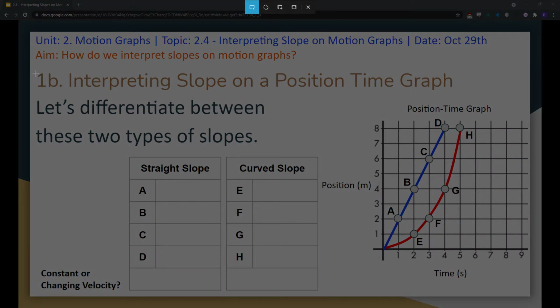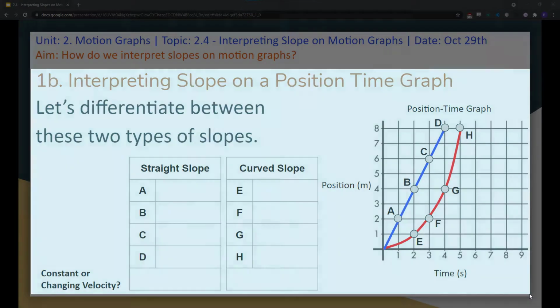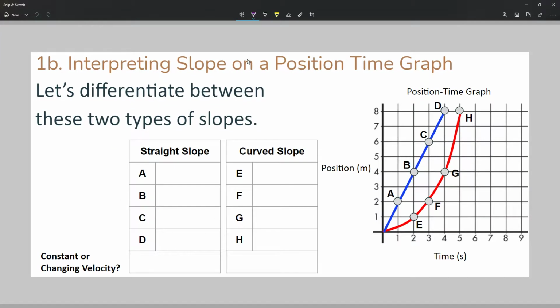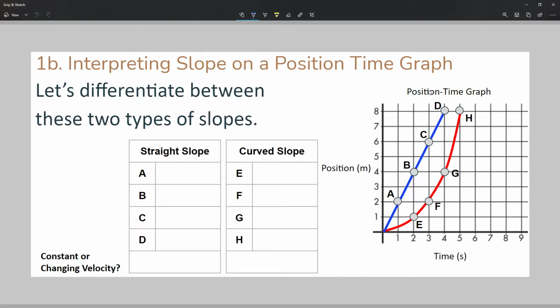For the most part, we've been dealing with straight lines, so constant slopes. But now I want to introduce a different line. You've been used to this blue line right here, but now let's say that on a position time graph the line is curving.